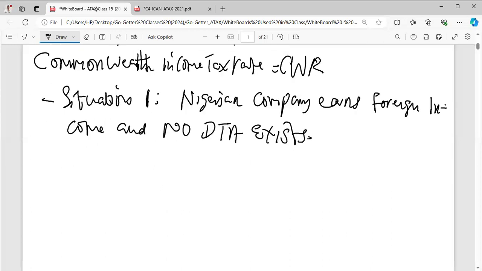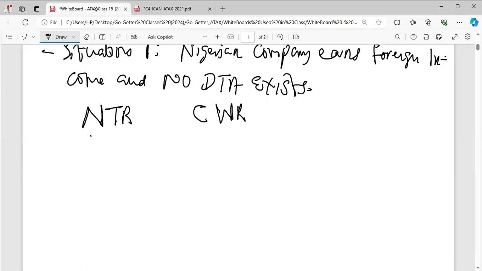So what happened? You need to bring two things. You need to look for Nigerian tax rates. That's one. You also need to look for Commonwealth rates. That's two. Then you need to also look for half of Nigerian tax rates.